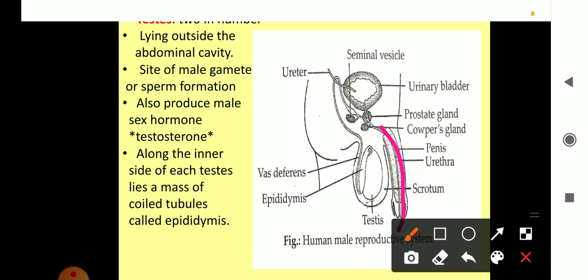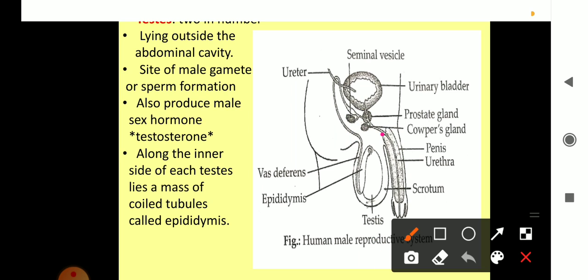Actually, this is a path to pass urine, and it runs through the penis and opens outside through the male genital pore. The contents of the two seminal vesicles and sperms from the vas deferens also join this structure, urethra.